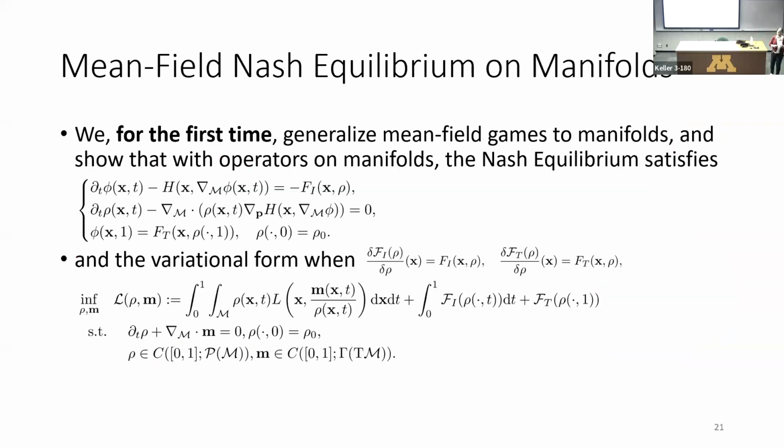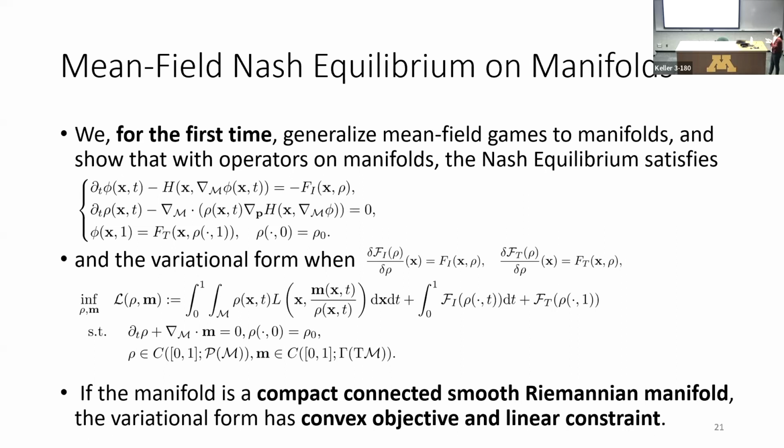We do some derivation, and the key point is we can have the same formula of mean field Nash equilibrium on manifold. The only thing that is different is this operator is now defined on the manifold instead of on the Euclidean space. Another nice thing is if this interaction cost and terminal cost have some potential, then we can also have the variational formulation of mean field Nash equilibrium on manifold.